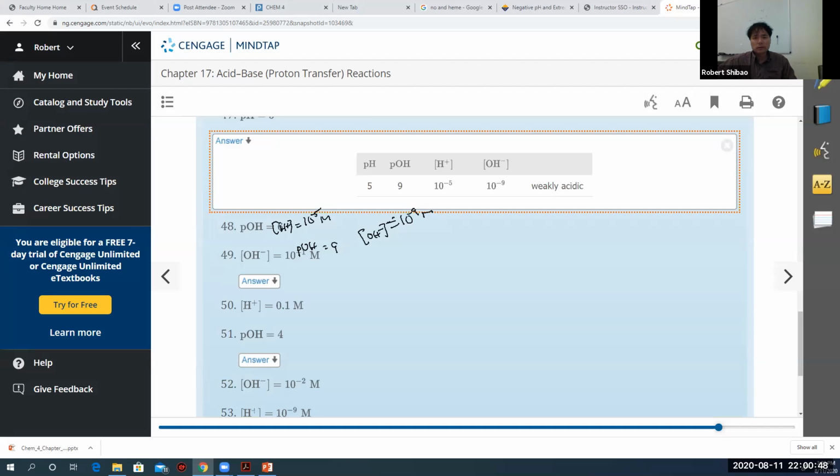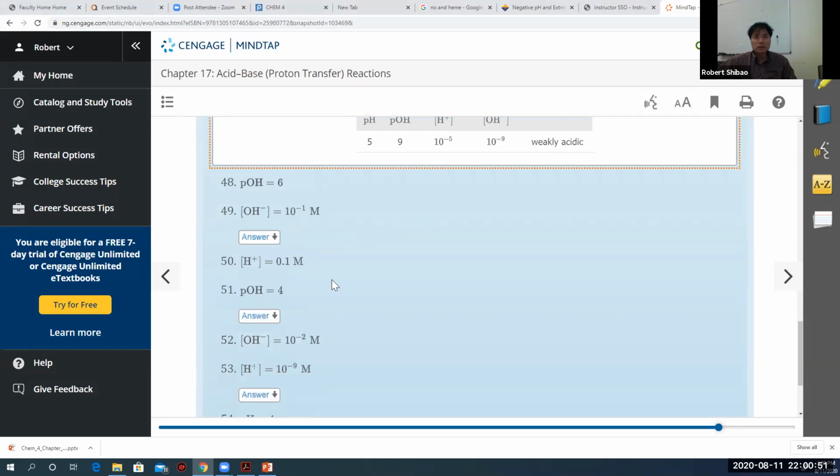Let's do one more. Okay, if the hydroxide is 10 to the minus 1 molar, then the pOH is 1. There's no sig figs here, and so the negative power of the hydroxide is 1.